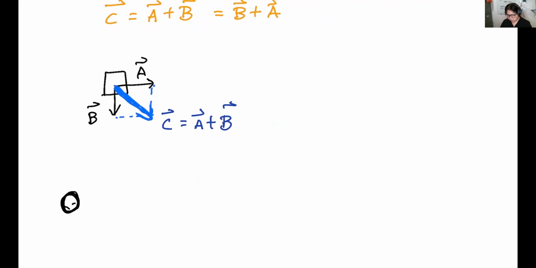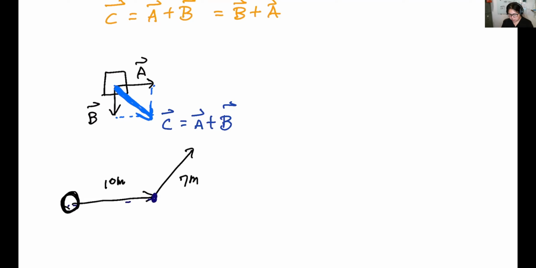So you walk 10 meters this way, 10 meters to the right, but then you walk this much, 7 meters in that direction. Your final location will be, so in this case, it's a tip to tail. So you move from here, but now notice that the starting point of the second vector is at the ending point of the first vector. So they don't share the same origin.